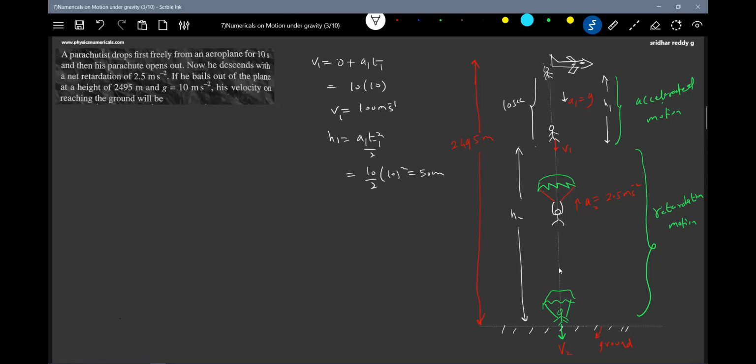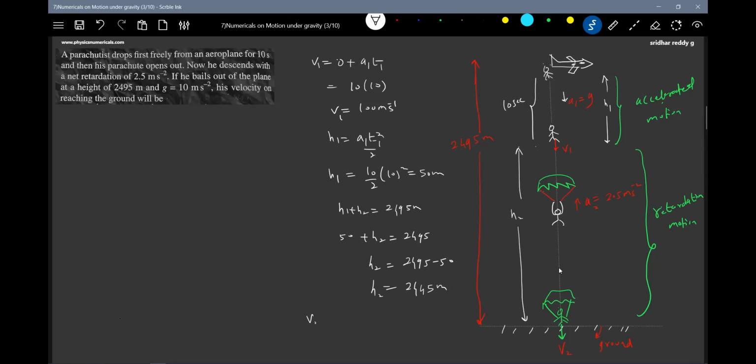With a retardation of 2.5, I think we can calculate. What should the remaining H2 be equal to? H1 plus H2 is 2495 meter. So this is 50 meter plus H2 equal to 2495. If you remove this 50, 2445 will be there. Can we calculate V2 now?